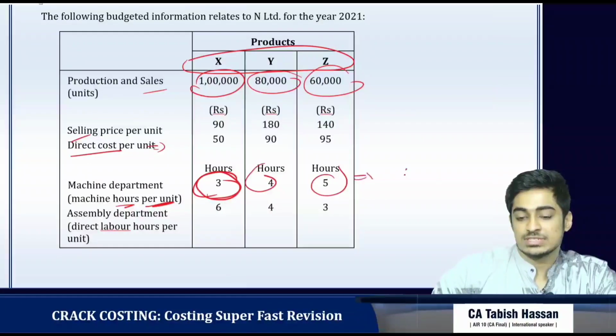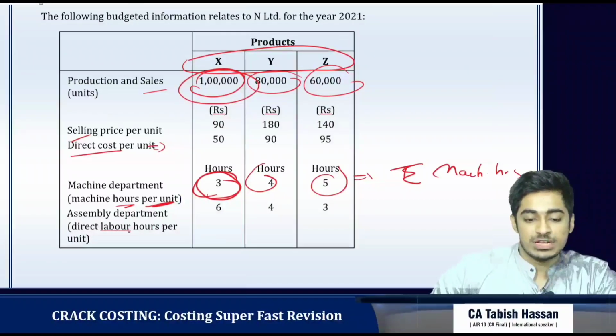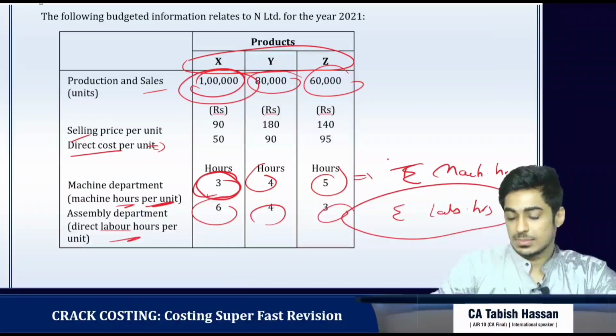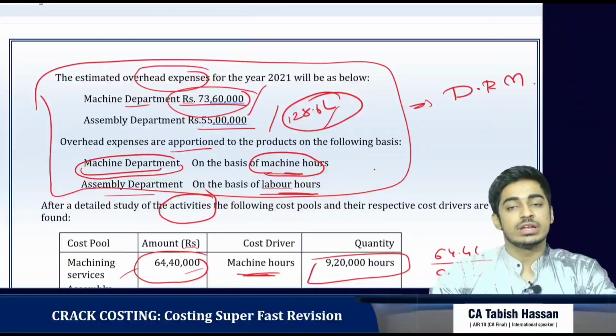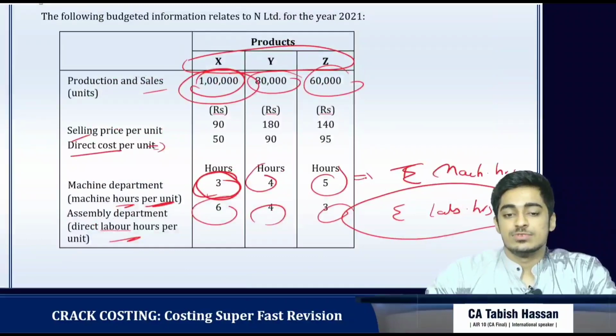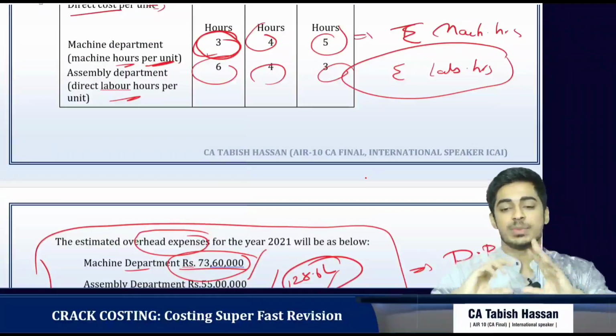This would give us the total machine hours. And here the number of units and the labor hours per unit would give us the total labor hours. So based on this, we get the overhead recovery rate, and based on the overhead recovery rate, we charge it based on the actual hours we've used in the department. So that's how we get the total cost as per departmental rate method.